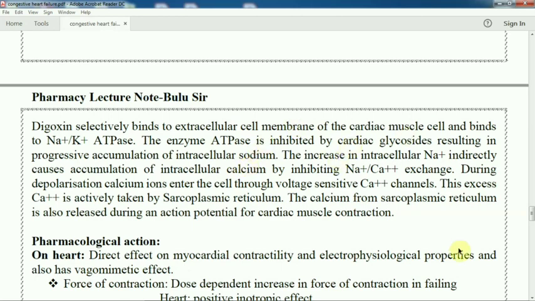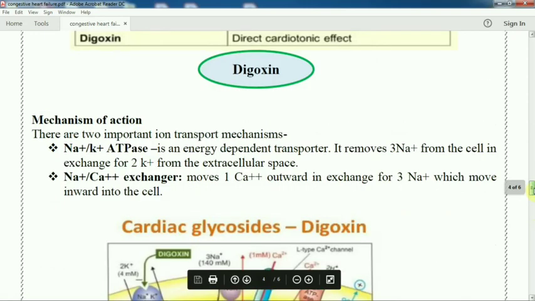So what is the process? Again see the mechanism. It is the exchange by sodium potassium ATPase and the sodium calcium exchanger. But when we are using digoxin, it inhibits the sodium potassium ATPase. That means 3 sodium from the cell is not exchanged. It is deposited inside the cell.